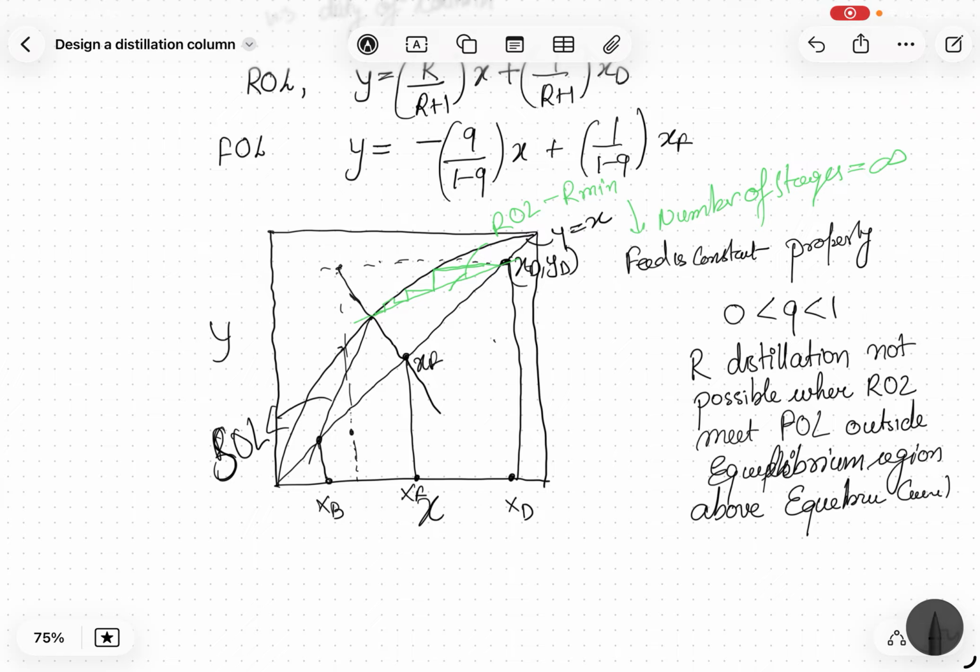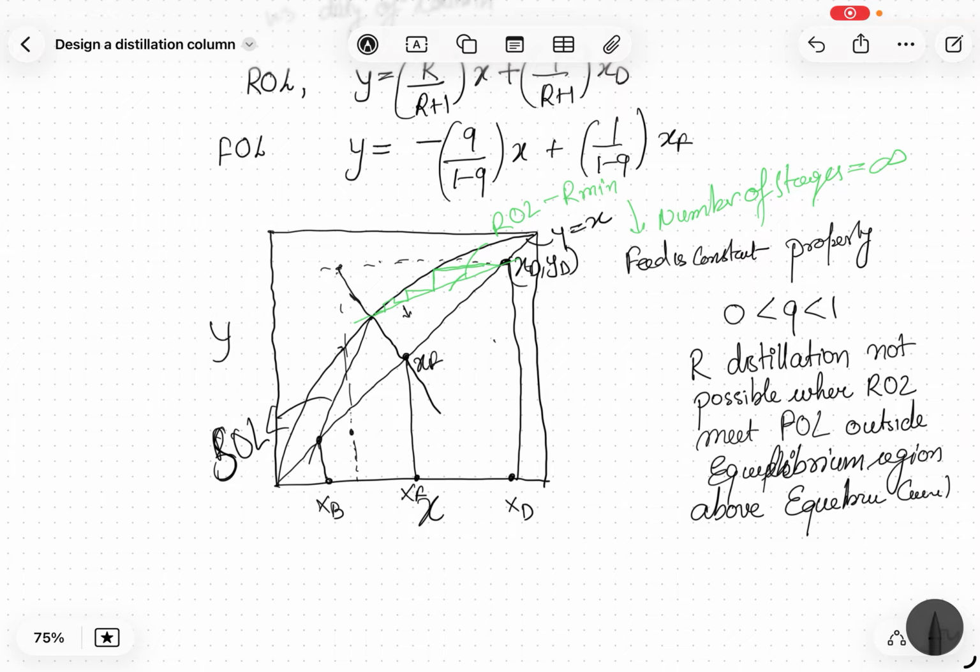Now what is the concept of minimum number of stages? At minimum number of stages, I know the XF, XD and everything. Now imagine, as my R is increasing, the slope of this line is going up, because the slope is R divided by R plus 1.